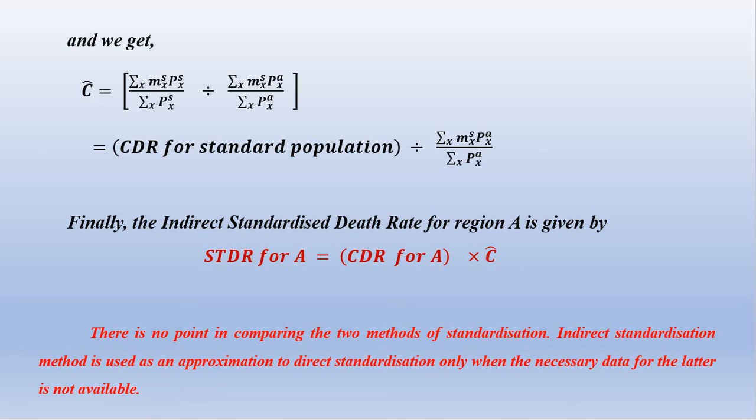Finally, the indirect standardized death rate for region A is given by STDR for A equal to CDR for A into C cap. There is no point in comparing the two methods of standardization. The indirect standardization method is used as an approximation to direct standardization only when the necessary data for the latter is not available.